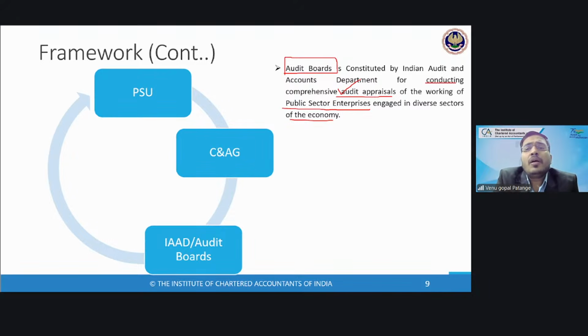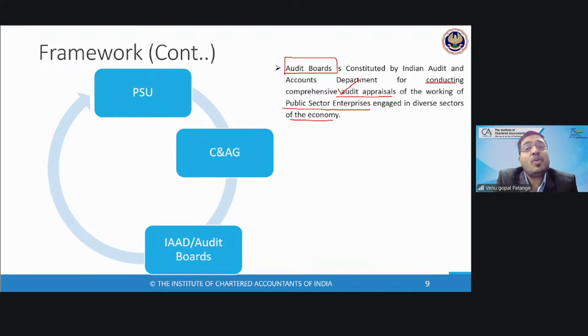Similar to a CA office, right? There is an engagement partner. Understand C&AG as an engagement partner. There are managers and directors, who are IAAD, and there are articles, who are audit boards. It is that simple. The engagement partner, the one who is signing, is responsible for the audit.